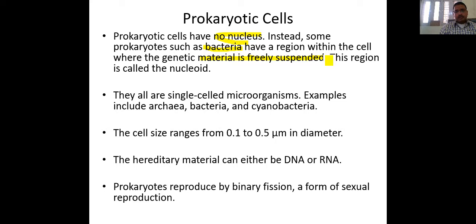What happens in the nucleus? Basically, the nucleus provides all the information to control the whole process of life, and the nucleus is responsible for the genetics. In the absence of a nucleus, the genetic material in bacteria is freely suspended within a region, and this region is called the nucleoid.